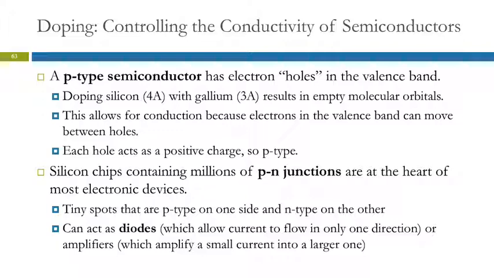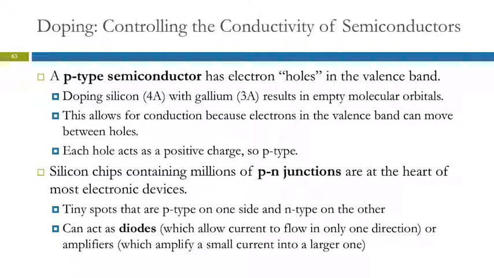It's like you had a gridlock situation, and you went through and pulled out every 15th car. So you pull out a car, what happens? Well, the car behind the hole moves up. Now there's a hole behind him. The car behind him moves up. Right? So now you can get conduction in the valence band. These are called P-type because we think of it as a positive charge moving.